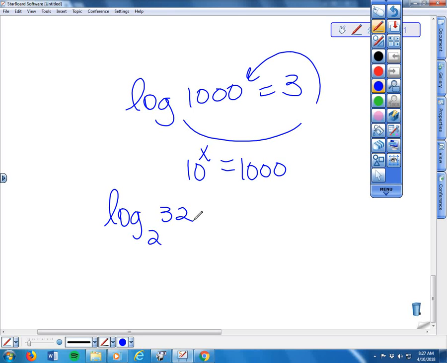Two to what power equals 32? What is it? Well, 2 times 2 is 4, times 2 is 8, times 2 is 16, times 2 is 32. Right? 2, 4, 8, 16, 32, 5. 2 to the 5th power is 32.